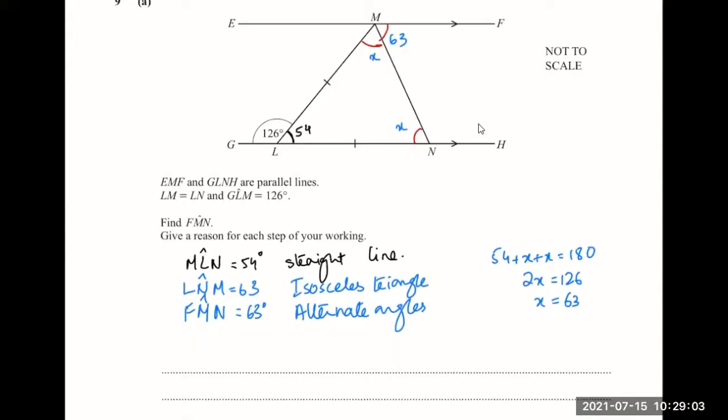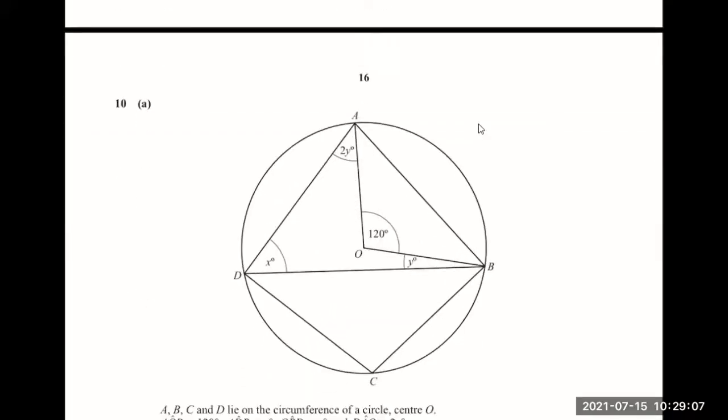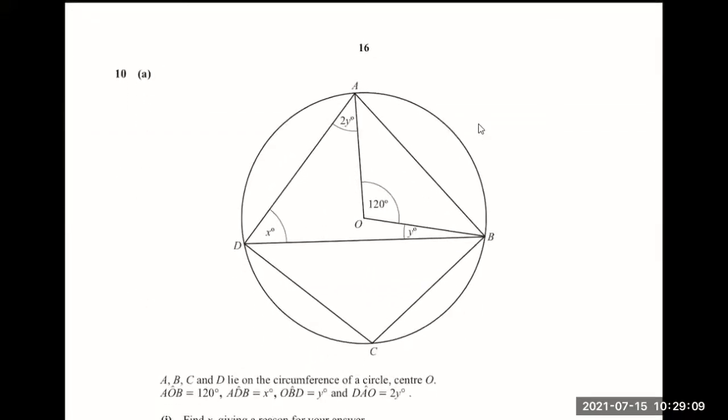Okay, then let's talk about angle properties of circles. Now, I know that you must have done a lot of properties in your classes.